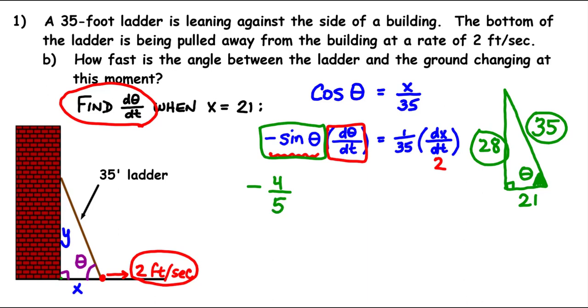d theta dt we don't know. And again, as I mentioned, the right-hand side is going to be 2/35. So we have everything that we need. We'll simply isolate the unknown, the d theta dt, by multiplying both sides by the reciprocal, negative 5/4.